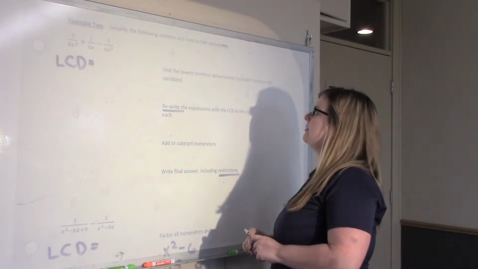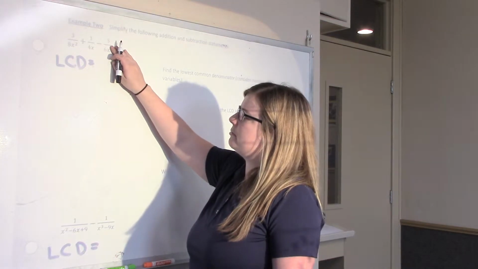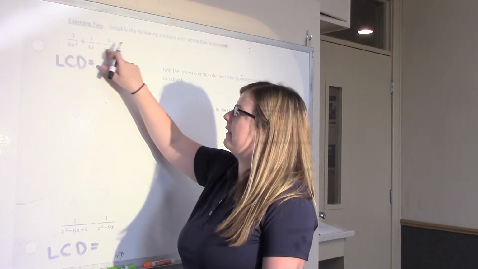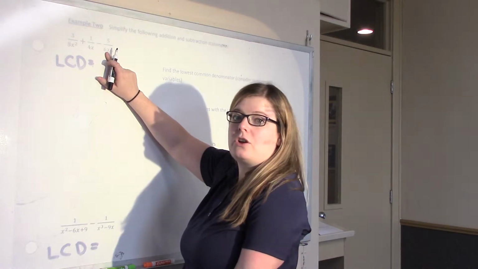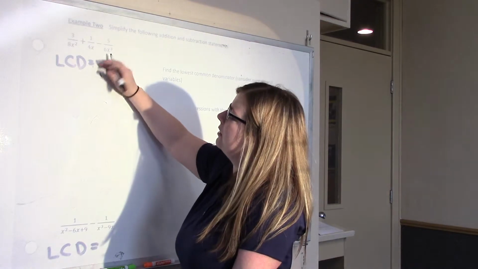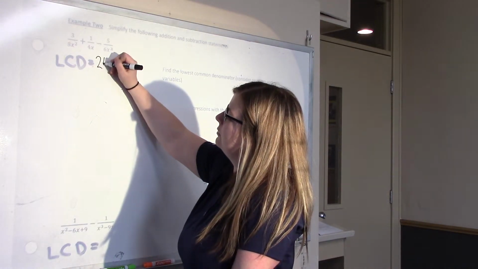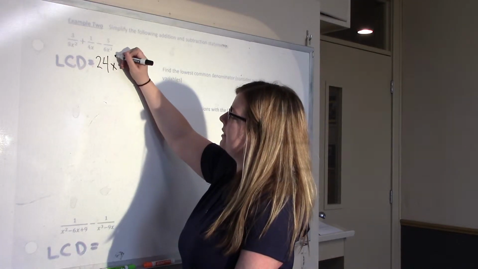First we find the lowest common denominator. These are all just monomials, so we're looking at the numbers first and then the letters. Amongst 8, 4, and 6, the lowest common denominator is 24. And amongst x squared, x, and x cubed, we need an x cubed.